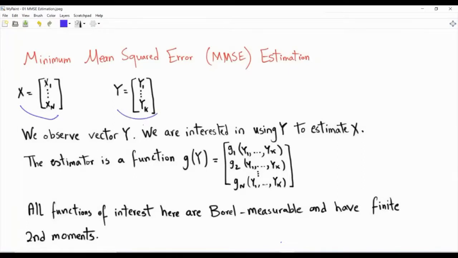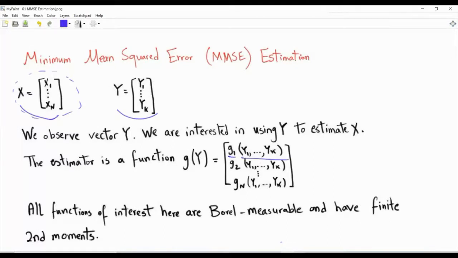And vector y, composed of y1 up to yk, is the vector of observations or measurements. So we do experiments, we collect data, and then we know those guys. And from y, we want to make guesses regarding the components of vector x. And so what we will do is that we will build estimators. So estimators will be functions applied to the observations, and each function will spit out an estimate for the respective x.